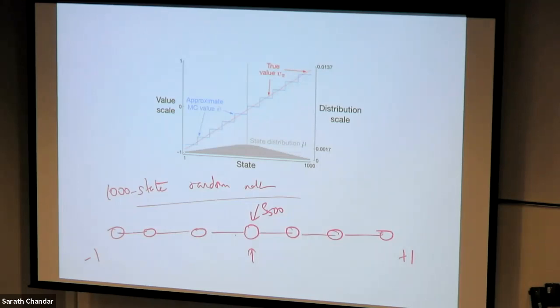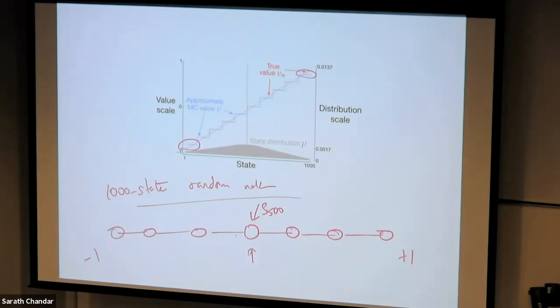That is what you want to estimate. Now, when you do state aggregation, you're essentially learning one value for 100 states. So you get this staircase effect, where all the states in a group have this value. As you do the Monte Carlo approach, this is the kind of value function that you will learn.